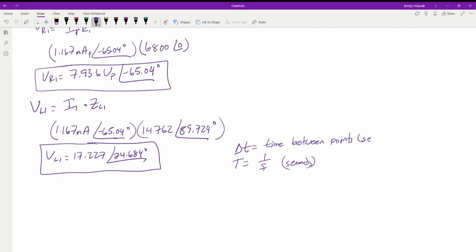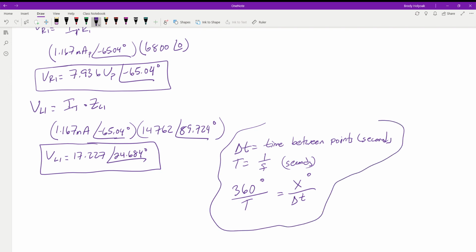Then 360 degrees is equal to your period, and that's equal to X number of degrees over your delta T. As a little side note, this is how you calculate the degrees from your measurements on the scope.